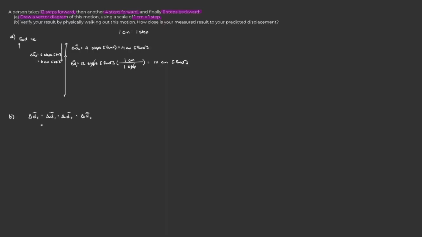The first displacement is 12 centimeters forward, plus our second displacement, which is 4 centimeters forward, plus 6 centimeters backwards. Okay, and we'll say forwards. Forwards is our positive direction in this case. Okay. All right.